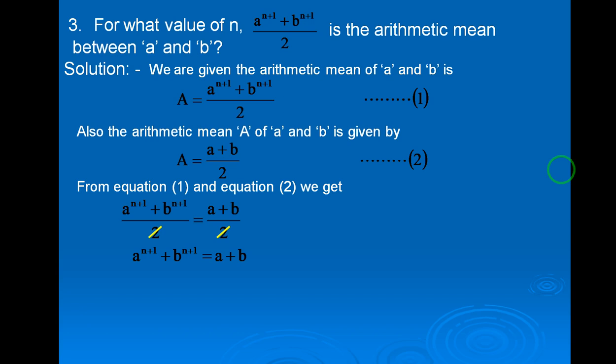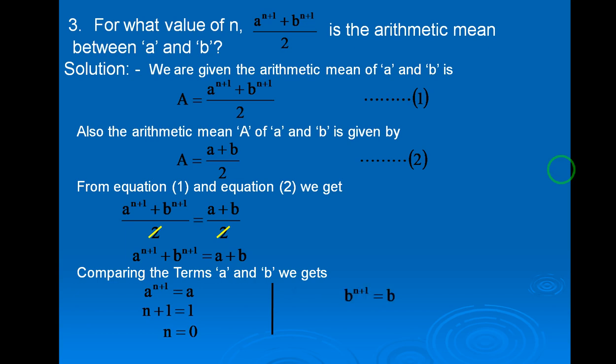Now in the left hand side and in the right hand side, compare the similar terms. Comparing the terms a and b, we get a^(n+1) = a, or n + 1 = 1 because bases are same, therefore powers must be same, or n = 0.